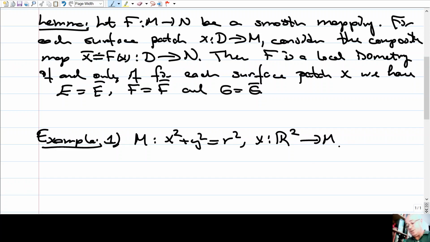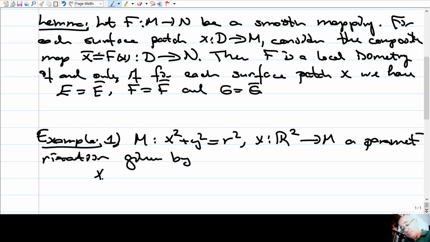It's a parametrization given by X of (u, v) is (r cosine(u over r), r sine(u over r), v).